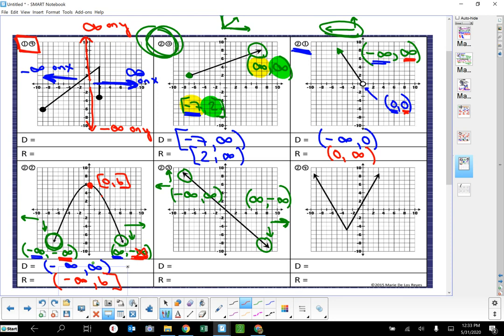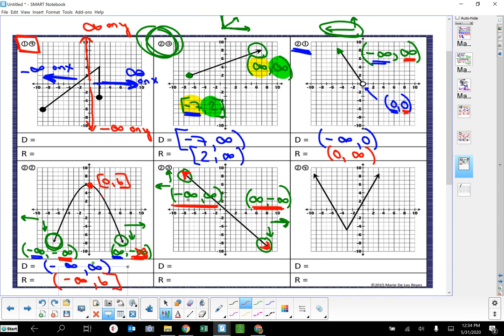All right. Let's do number 23. We did this arrow, which was negative infinity, positive infinity. We did this arrow, which was infinity, negative infinity, and there's no changes of direction in this graph.